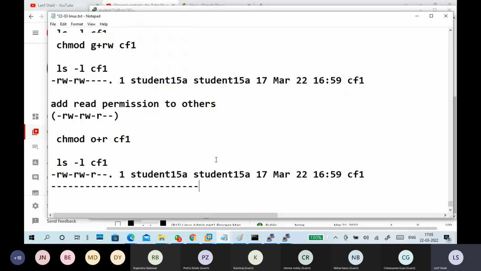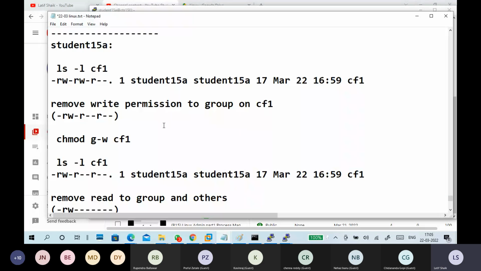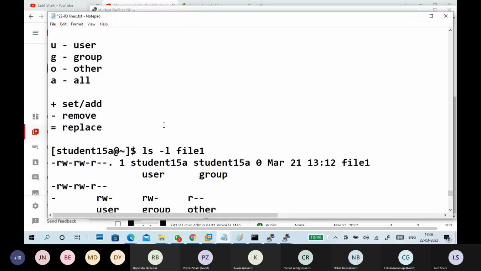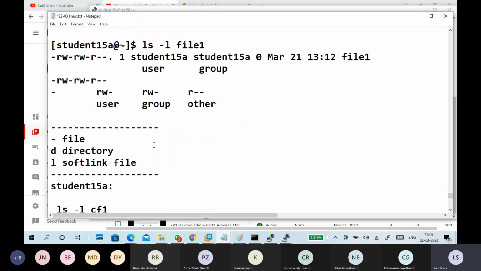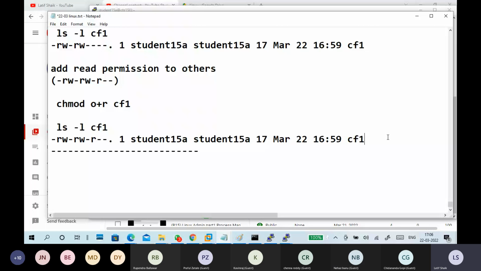We have added and removed permissions with plus and minus, but there are two things left, the equals sign and so on. Then we'll also see why we are leaving those.